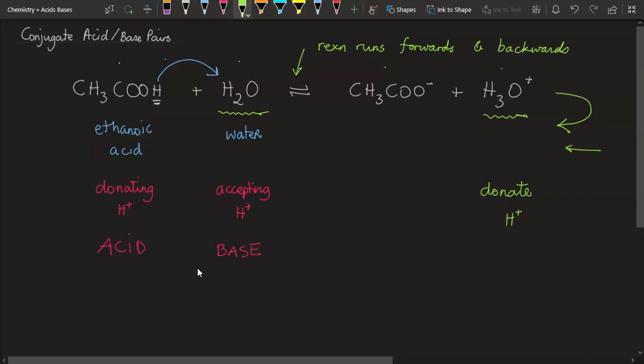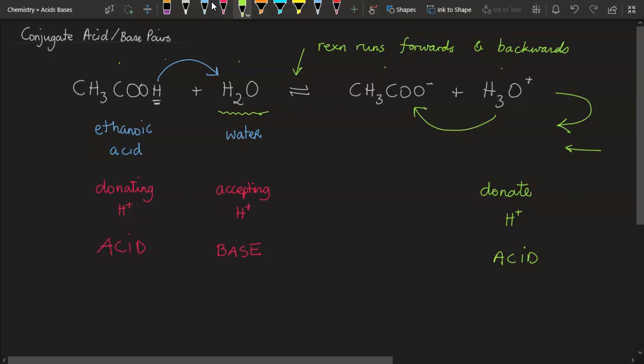Where is it donating it to? Of course, it's donating it to the molecule that's beside it. So what's the path? There. So if this is donating a H+, then this is an acid, when it's moving from right to left, of course.